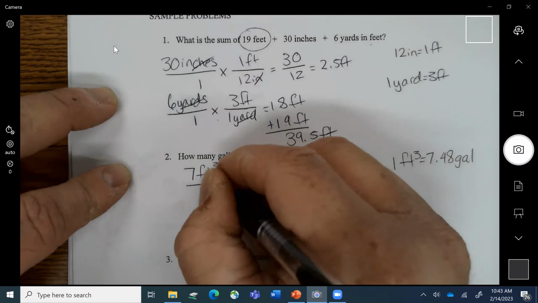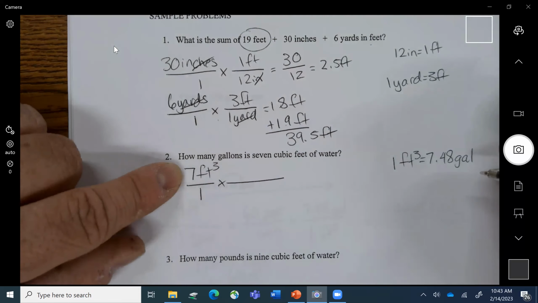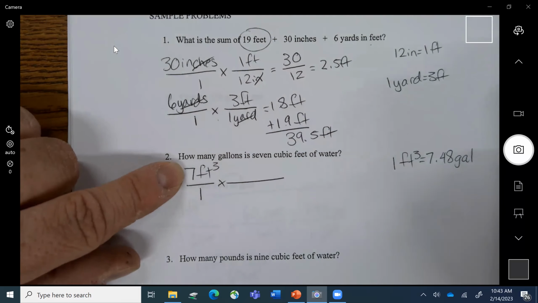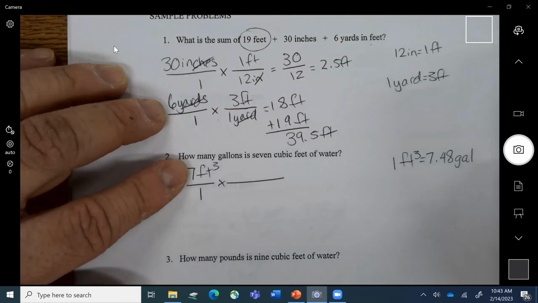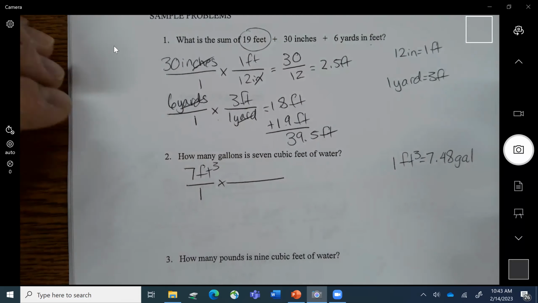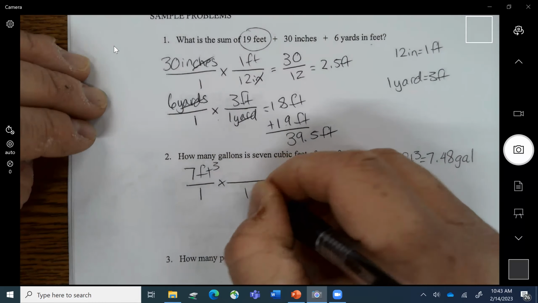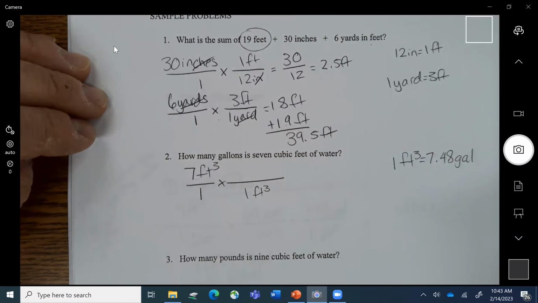So where are my cubic feet, on the top or bottom? They are on the top. So where do they need to be to cancel? On the bottom. So 7.48 gallons is what goes on top because that's what's attached to the cubic feet.